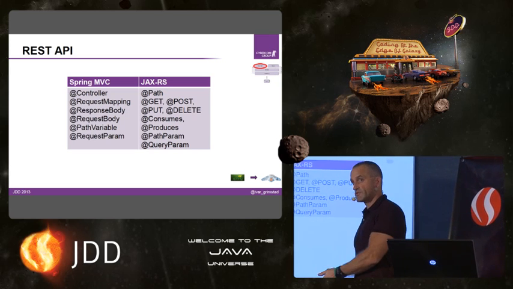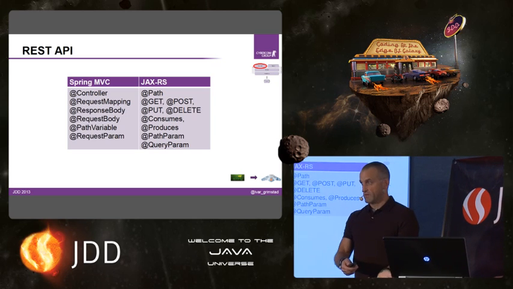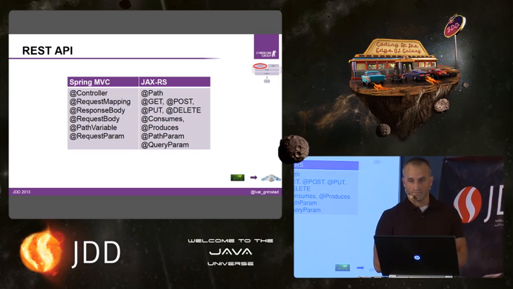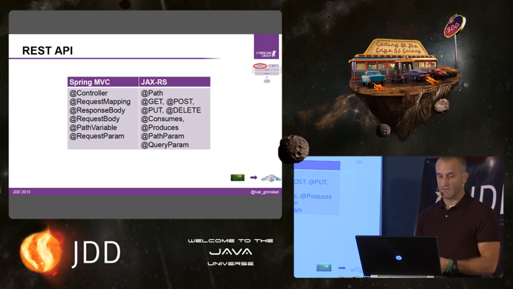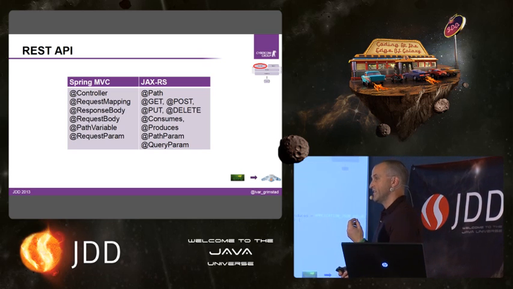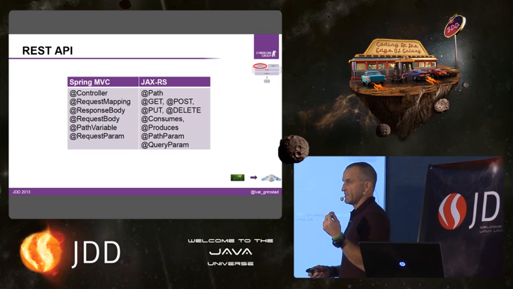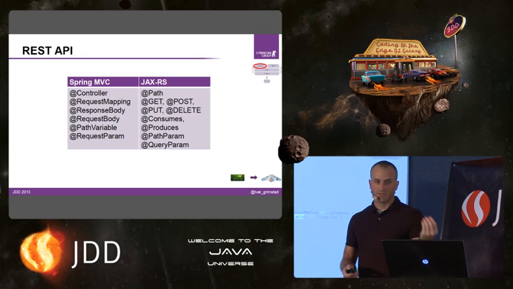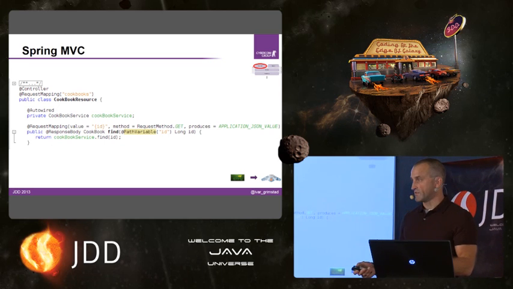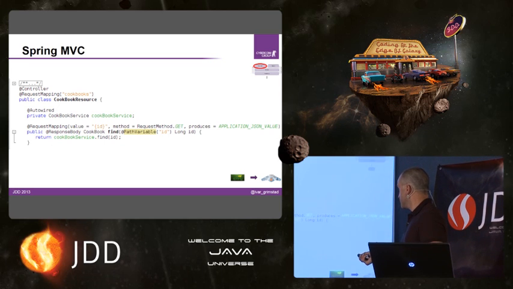Now, I could have used JAX-RS with Spring, but it would have needed some configuration, and this demo wouldn't have been that cool then. So if we look at the cookbook resource, I have the RequestMapping annotation for the location, and I'm using the RequestMapping for annotating my method.